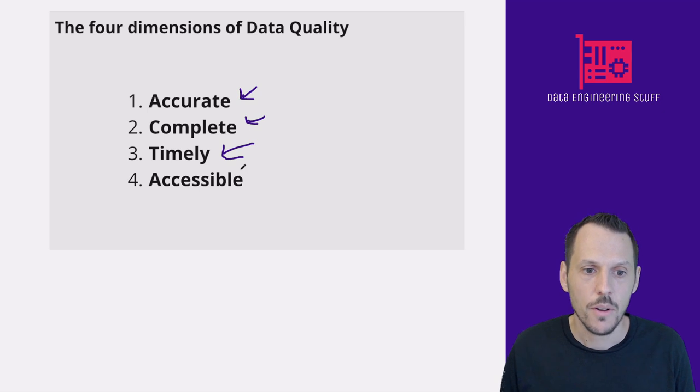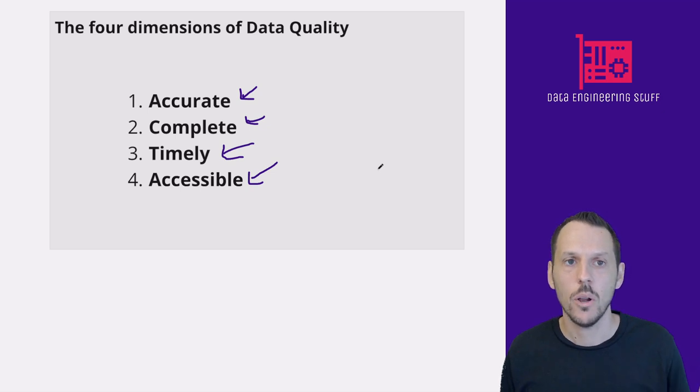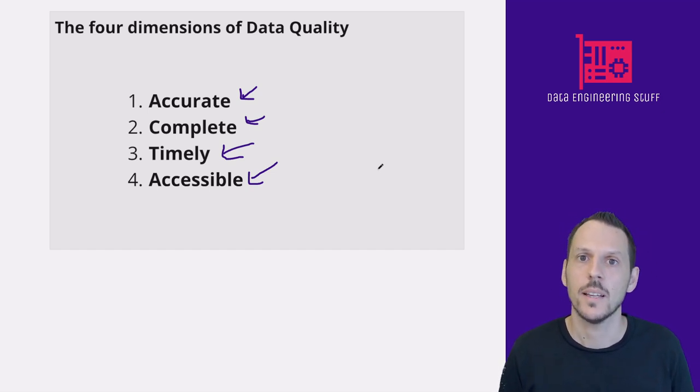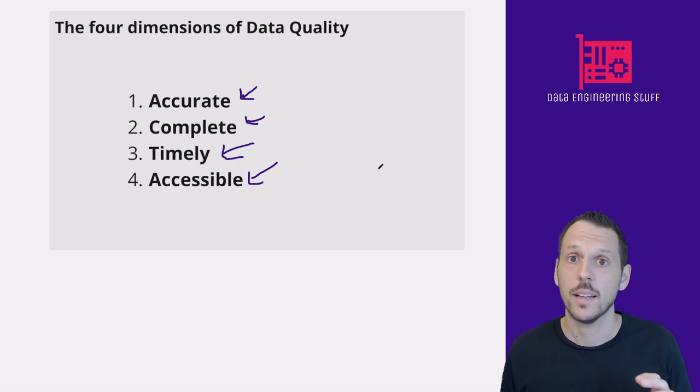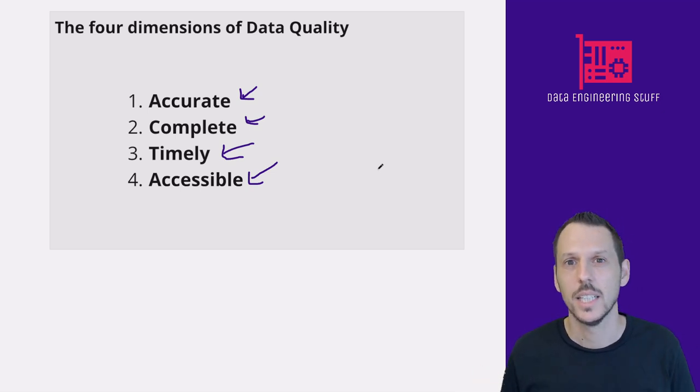And then there's the fourth category or dimension. I find it really interesting that this is always mentioned, because if you talk about data quality checks and so on, you never talk about accessibility. When you talk accessibility, you always talk more about data architecture and data platform design, because you then think about how the users actually use the data.